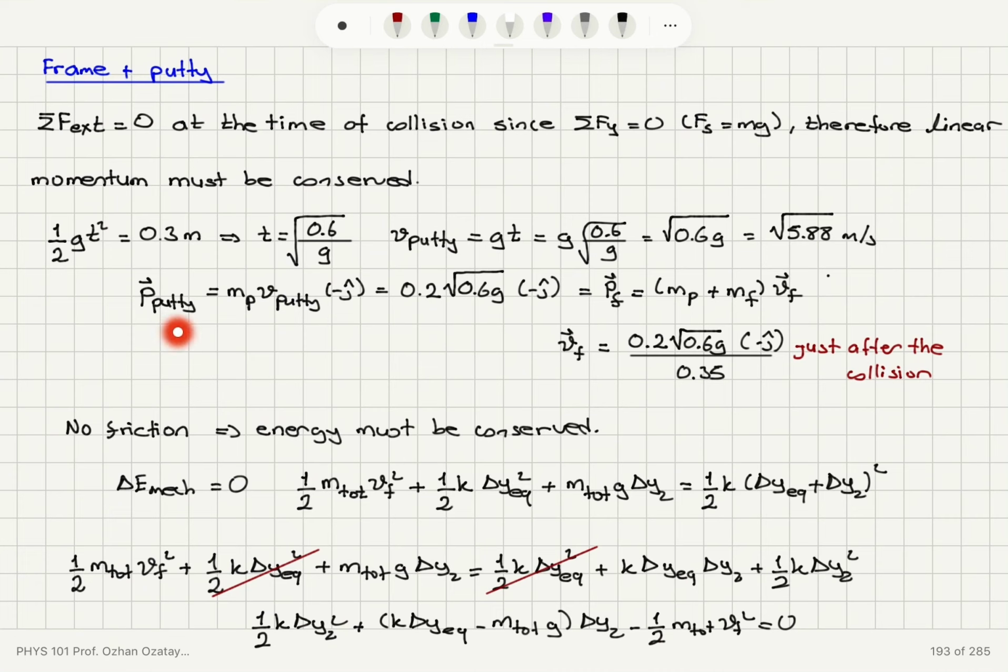That means the linear momentum of the putty was mass of the putty times its velocity right before the collision. This must be equal to the total mass, M total, mass of the putty plus mass of the frame, times their common velocity v final. So this v final is the velocity just after the collision.